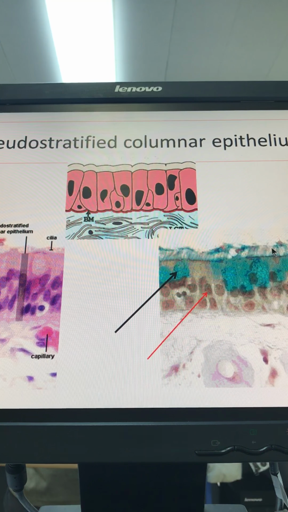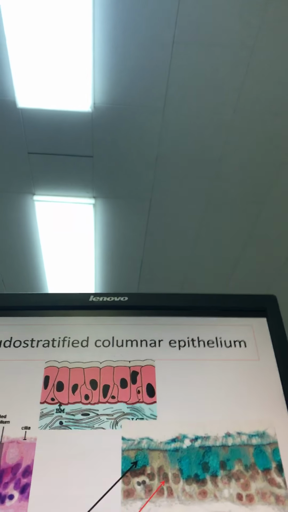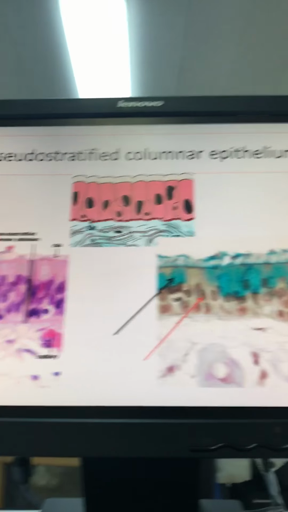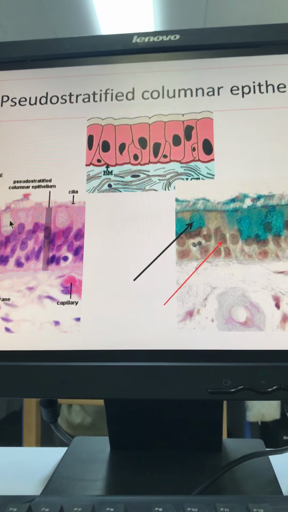We have cilia here. That's why we usually call it pseudostratified ciliated columnar epithelium. If you go to Google and search for goblet, what does goblet mean? Goblet is a type of cup actually. Search for it when you go, or after the lab.